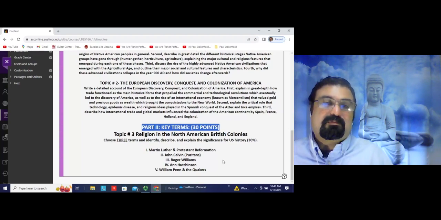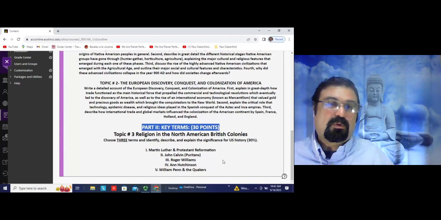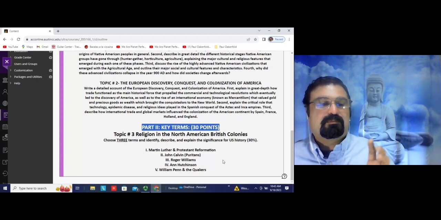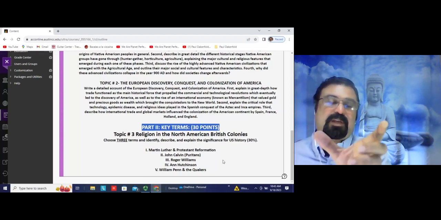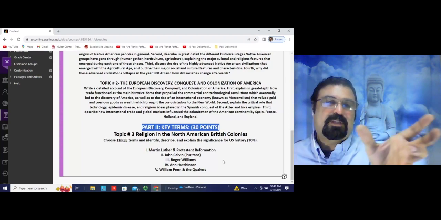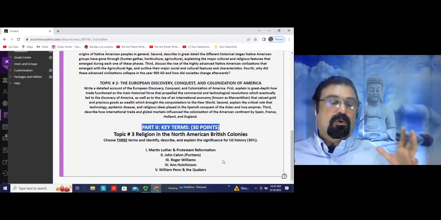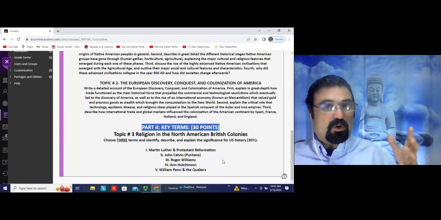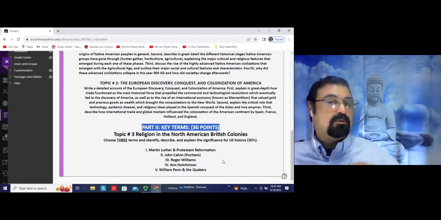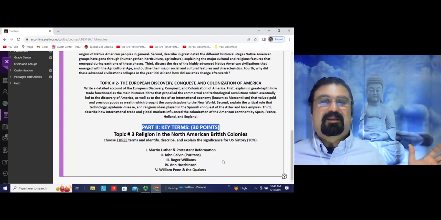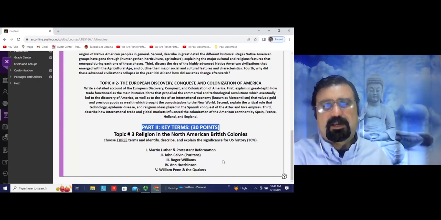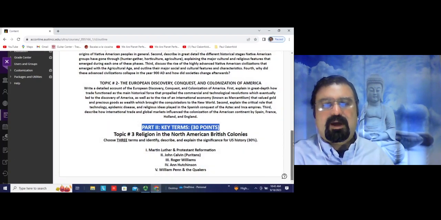So if somebody has no clue who John Calvin or Martin Luther is, or Roger Williams, and you just answer with a few sentences, they're not going to know who that person is. So you have to be very thorough. If you want to earn all the points from part 2, you have to provide a very, very expanded answer.